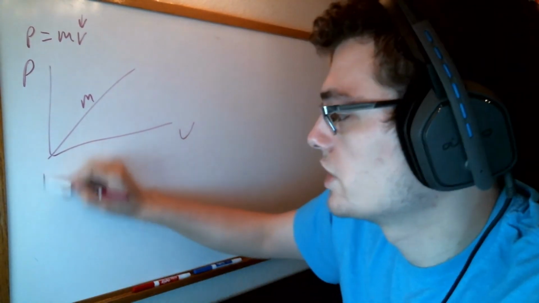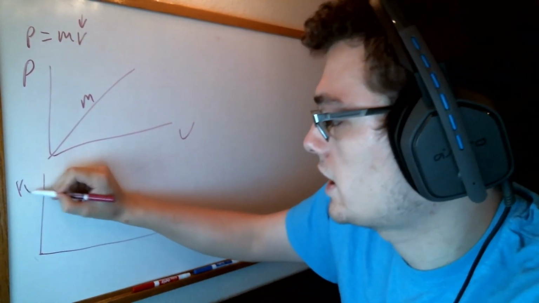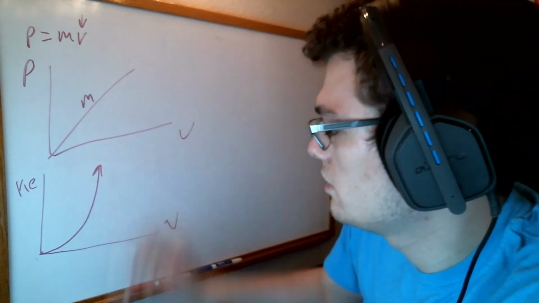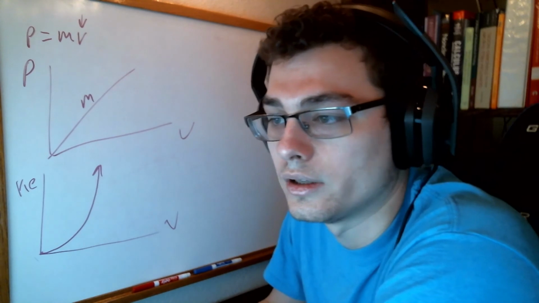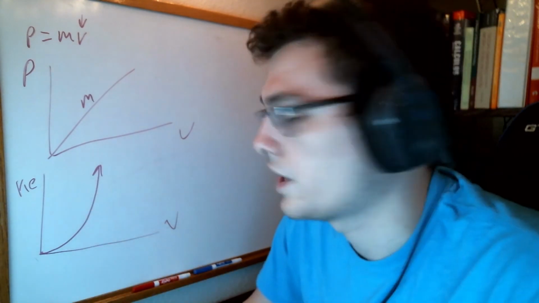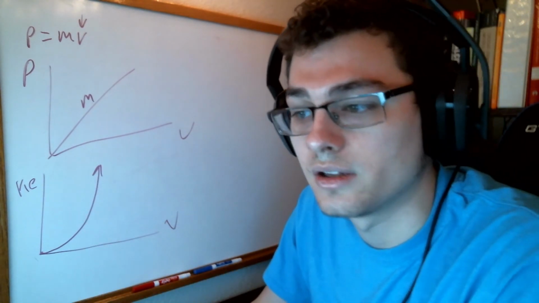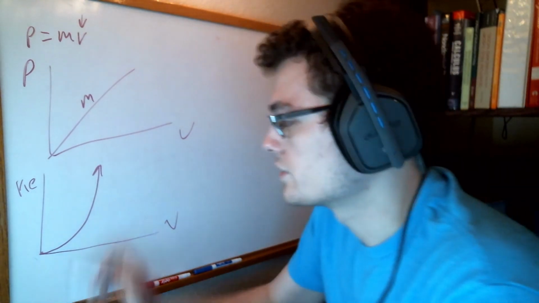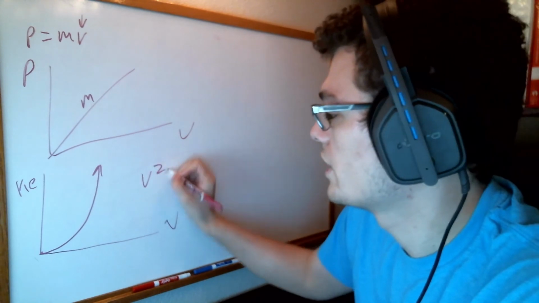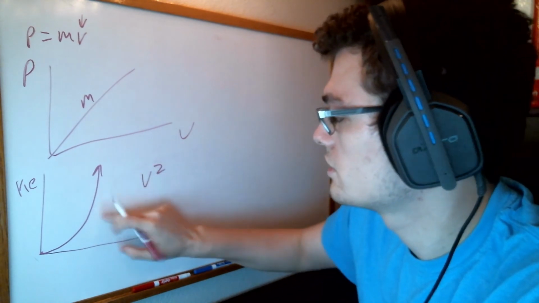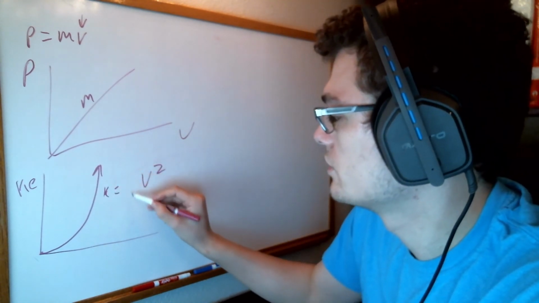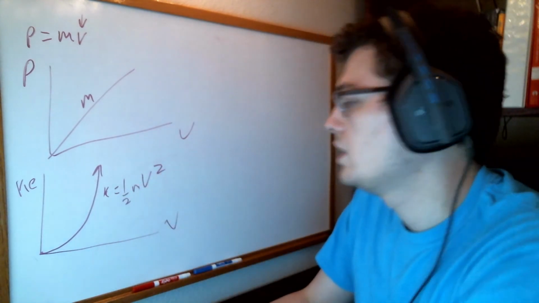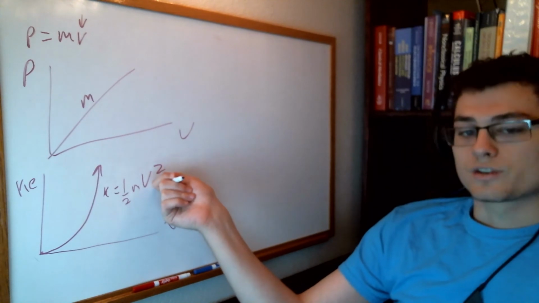But kinetic energy, on the other hand, if we were to plot that as a function of velocity, you would have a plot that looks like a quadratic instead, because K is equal to 1/2 mv squared. And so in this case, v is squared.